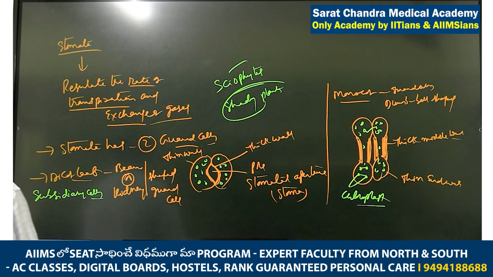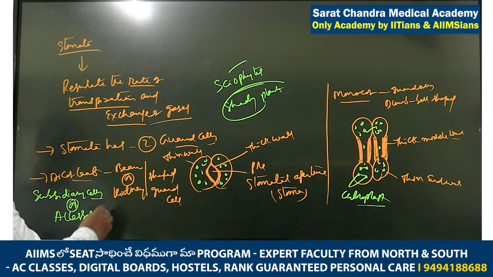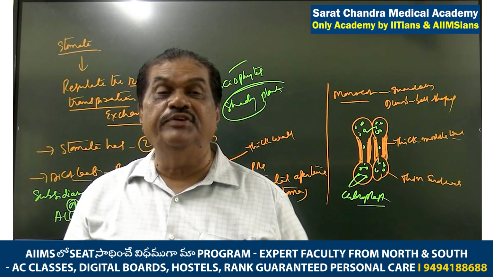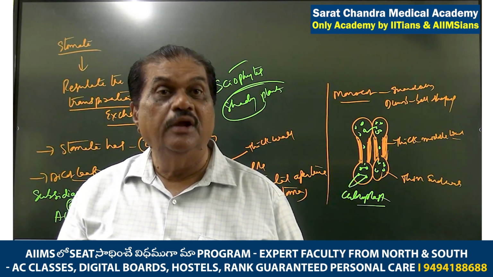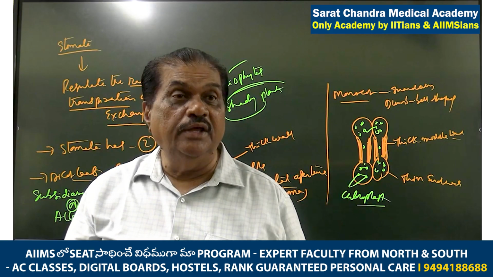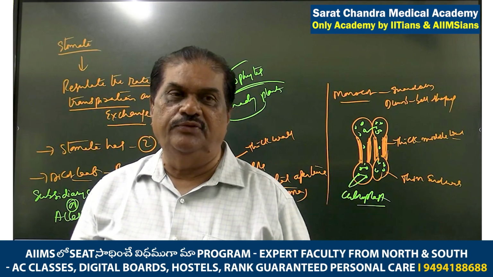What is another name for subsidiary cell? Accessory cells. Some of the epidermal cells in the vicinity of the guard cell differ from the guard cells in their shape and size.